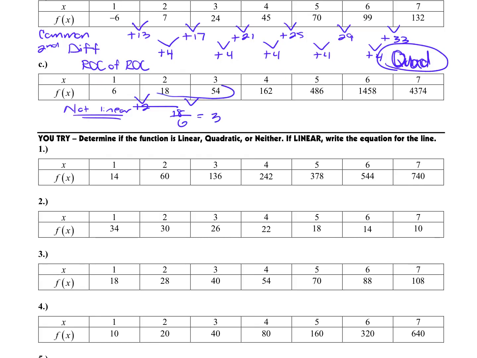And then if I find the ratio of 54 to 18, it's also 3. So this one doesn't have a common difference. It does have a common ratio. Now, if you remember from your Algebra 2 days, this is actually going to be an exponential function. We will also call it a geometric sequence later. But for our purposes right now, we can just call it neither.